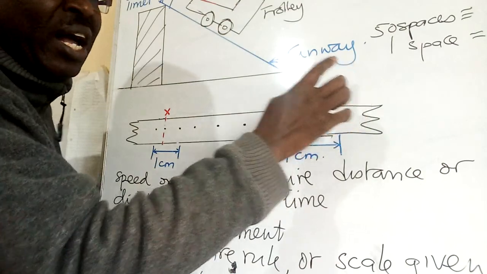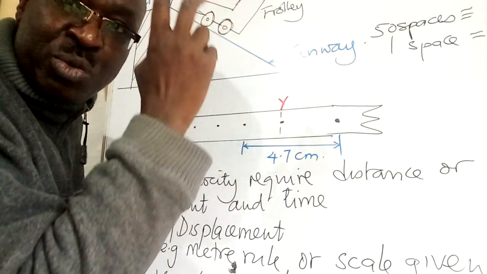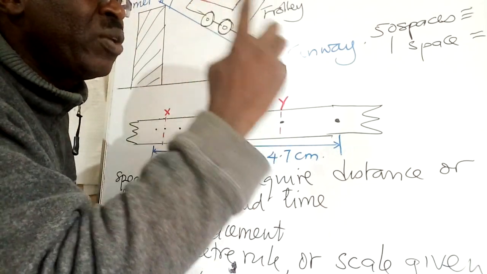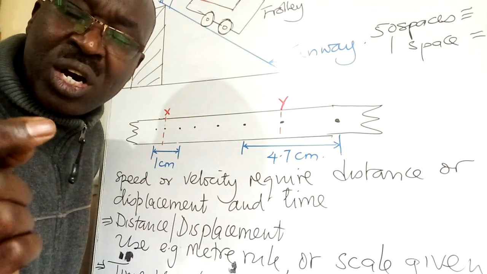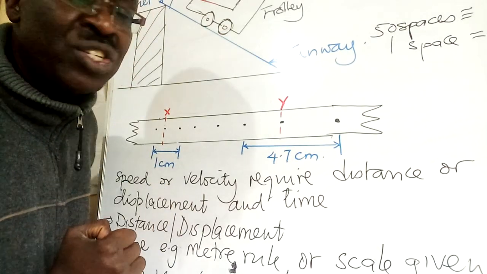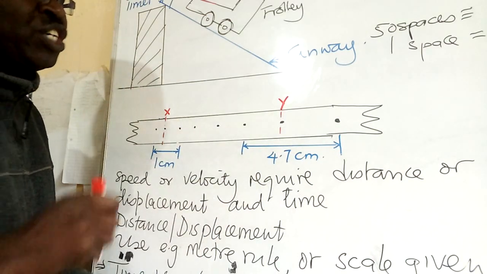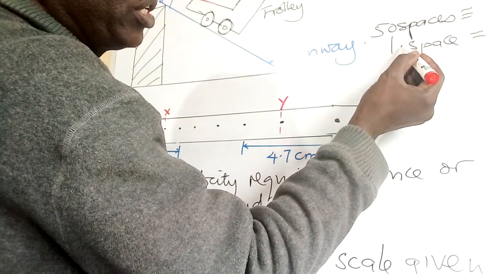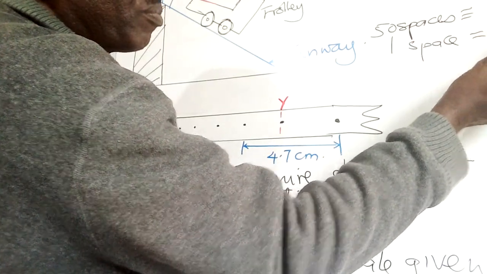So here, 50 Hz means 50 spaces happened in 1 second. I would like to know how long it took the timer to cover 1 space. You do simple cross multiplication. So it will be 1 times 1 divided by 50.